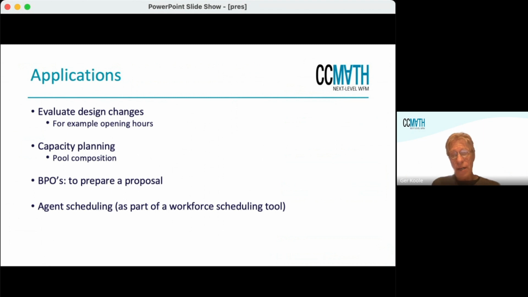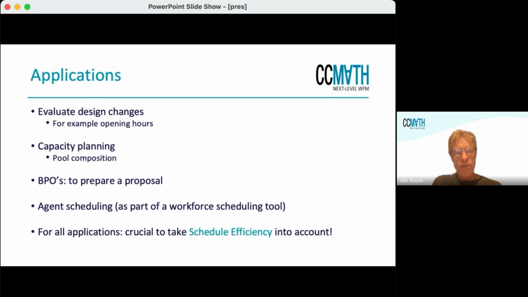Of course, another application is within a workforce scheduling tool that many of you will definitely have. There is a scheduling engine in it that does something more complicated than I just showed, but it does something similar. And I challenge you to try that with your own tooling, or think about it.